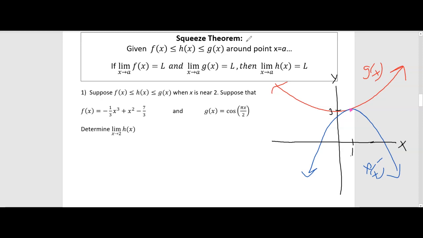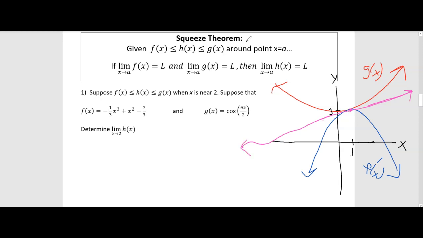So if I have a function h of x, it always has to be between g of x and f of x. So you can do kind of whatever function you want, but it's always going to be between the two. And as it comes in from both sides, you can quickly see that there's only one point that the function can obtain at x equals 1, right?